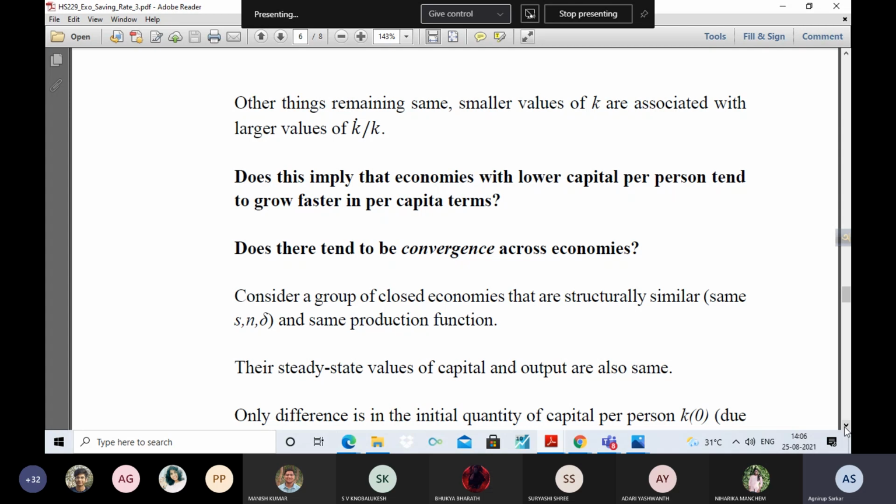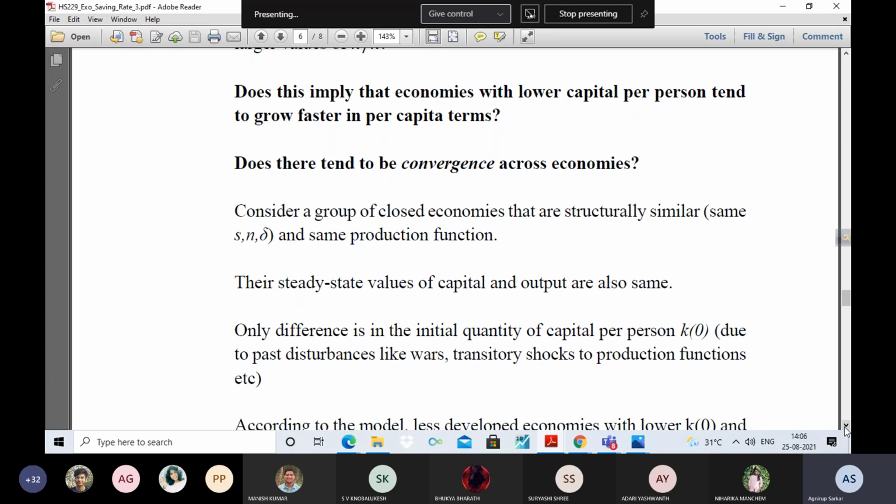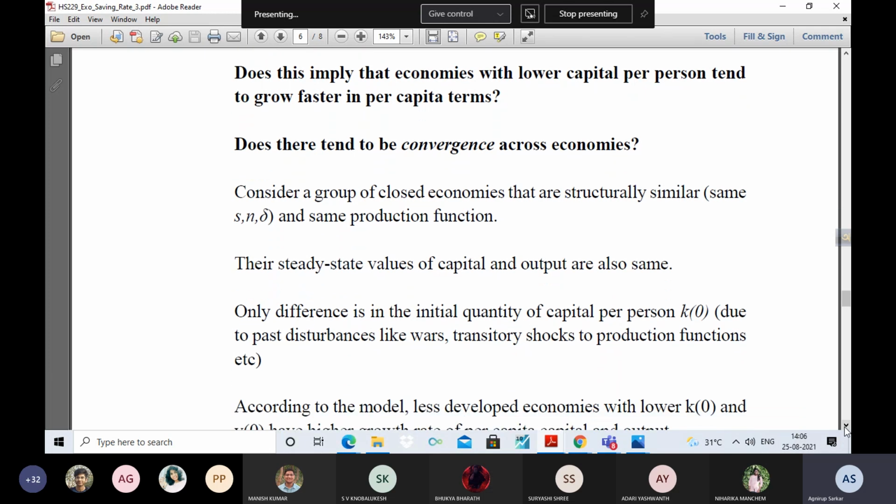These parameters are the same for these countries, and they also share the same production function. Let's call this production function f of k. Each of these countries has the same production function.